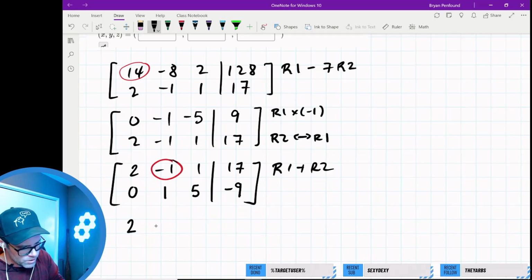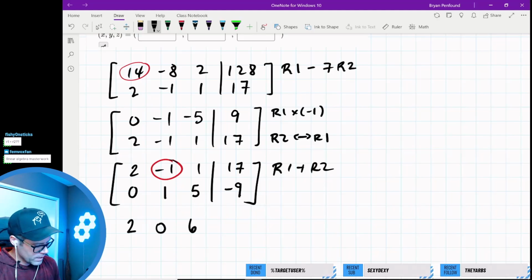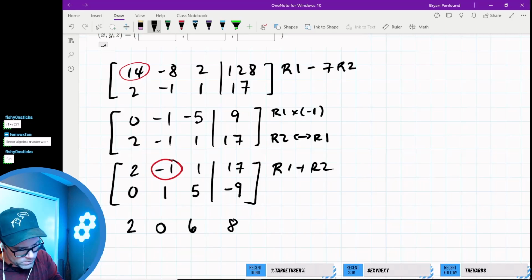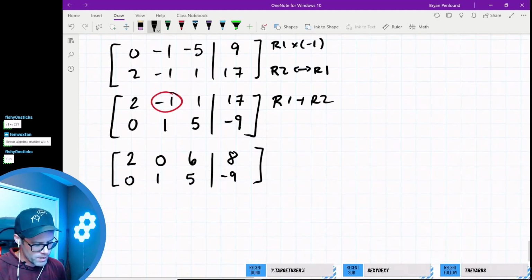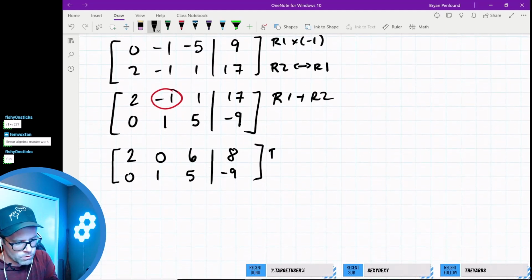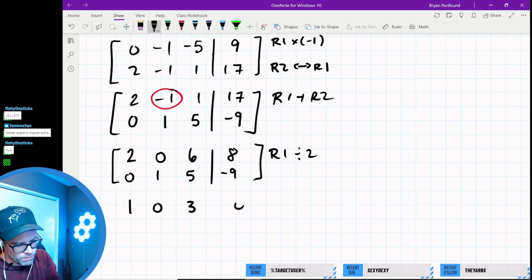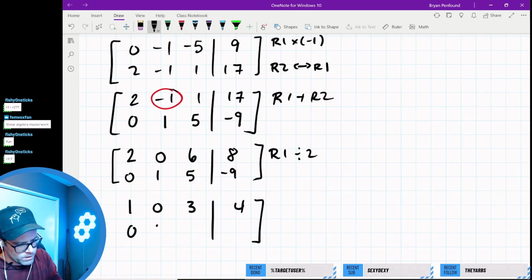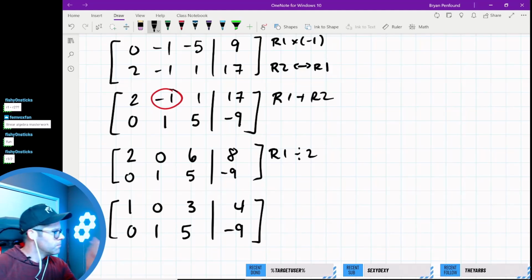That gives us 2, 0, 6, 17 take away 9, which is 8. Then 0, 1, 5, -9, and we are almost there. We can now divide row 1 by 2, and that gives us 1, 0, 3, 4, and 0, 1, 5, -9.